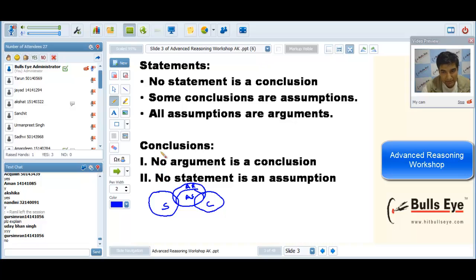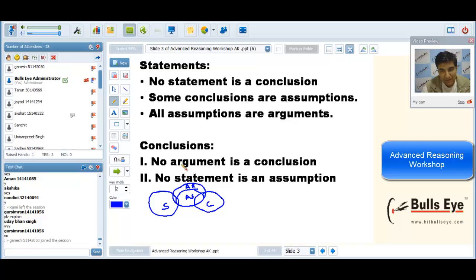Now, according to the diagram, he says no argument is a conclusion. No argument is a conclusion may or may not be there. Why? Because it says no statement is a conclusion, then some conclusions are assumptions, right? I could draw assumptions here also.